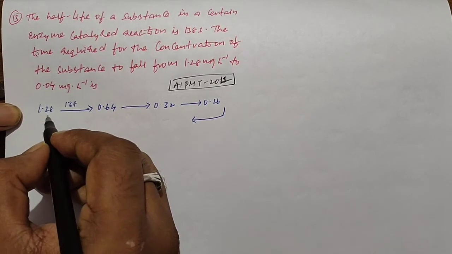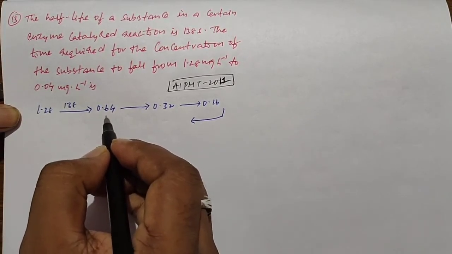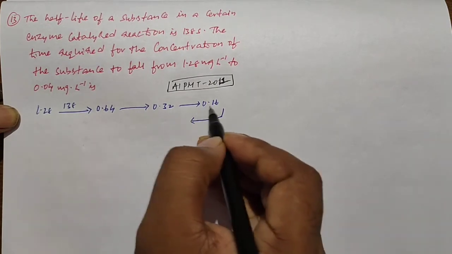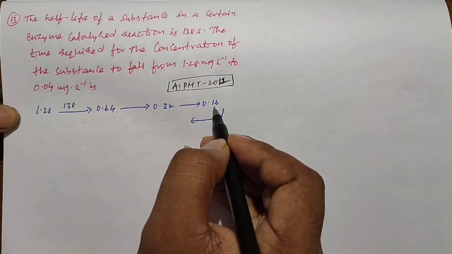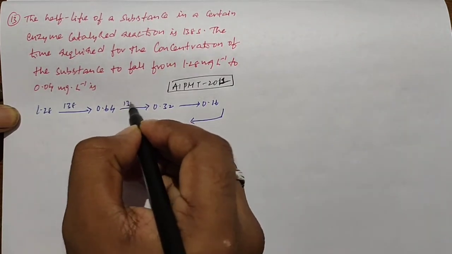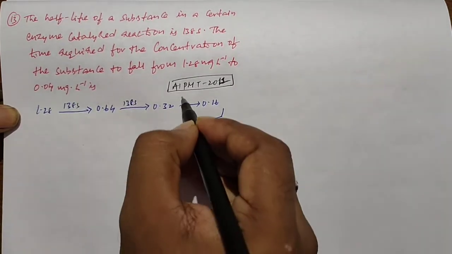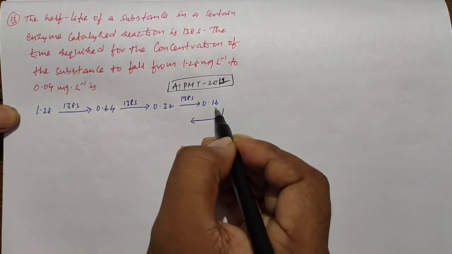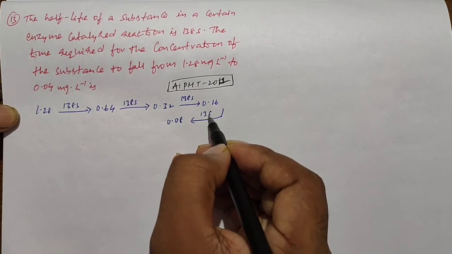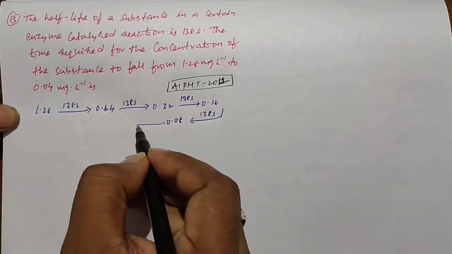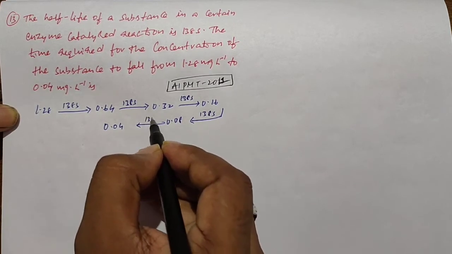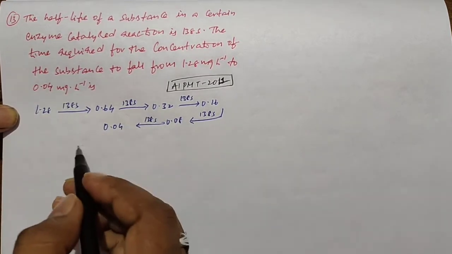So 1.28 to 0.64 is one half-life, then 0.64 to 0.32 is another half-life, and 0.32 to 0.16 is another half-life. Then 0.16 to 0.08 is another half-life, that is 138 seconds, and 0.08 to 0.04 is another half-life. So in total we get 5 half-lives.